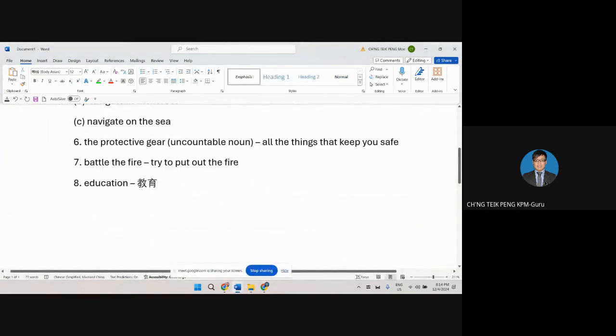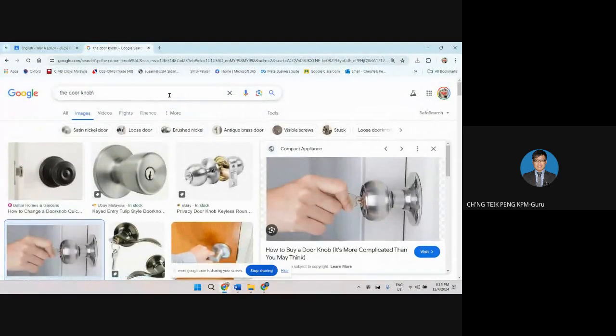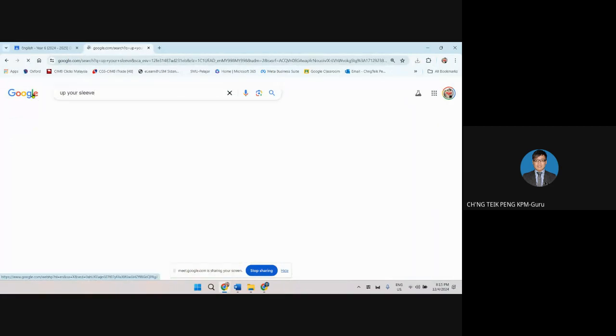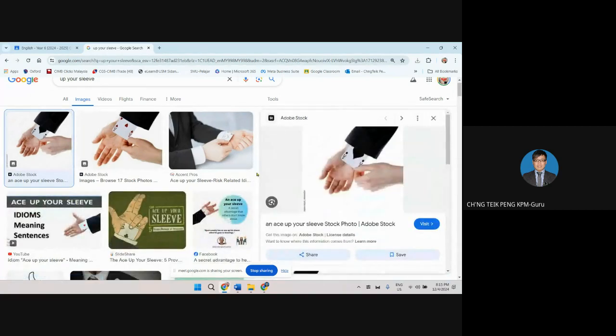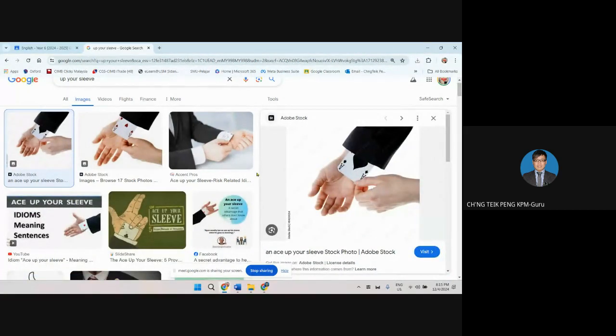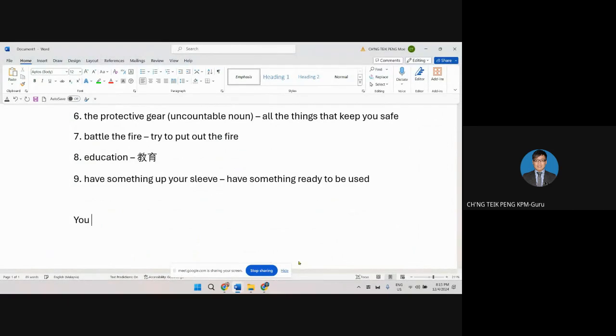So if you have something up your sleeve, it means you have something ready to be used. 这是一个谚语来的啦，All right，这是一个谚语来的啊，我给你们看一下，up your sleeve，所以这样子，看到 up your sleeve，好像你藏一个东西在你的袖里面。So if you have, 当老师讲说 you have a few good greetings up your sleeve.